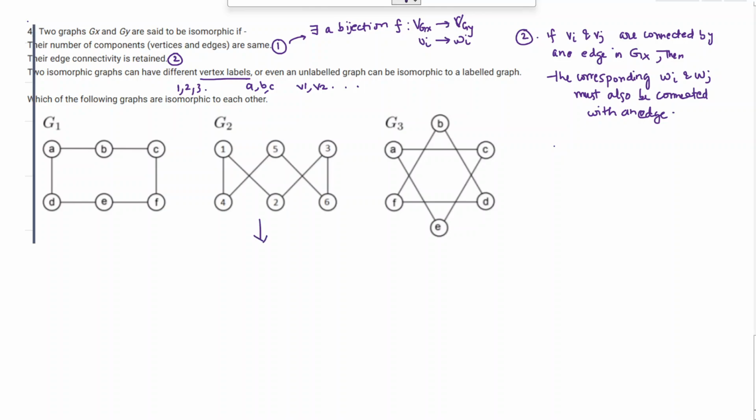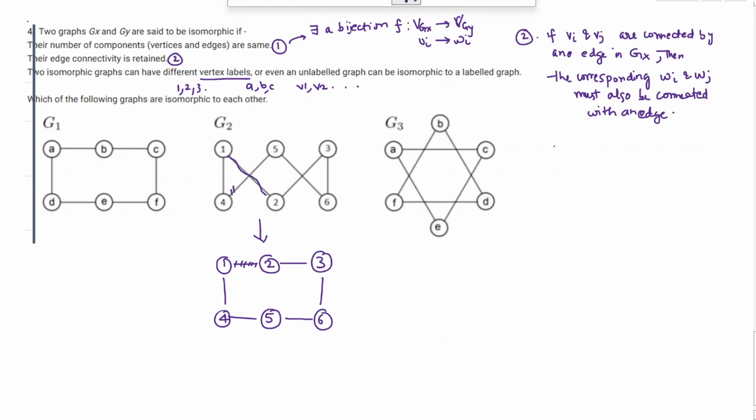If you look at G2, I can rewrite this as 1 2 3, and then 4 5 6, and then the edges would be in this manner, because there is an edge from 1 to 2 that comes here.